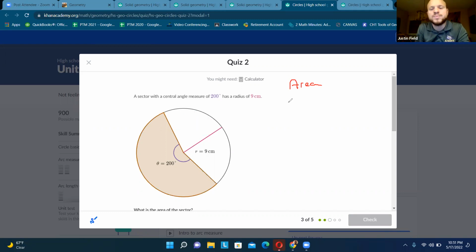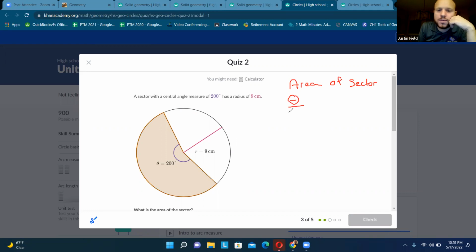Area of a sector is very similar to arc length. We take that fraction using a central angle and multiply it not by the circumference, but by the area of a circle, pi r squared. That's the area of a sector, and we'll call that A. And how about that in radians?